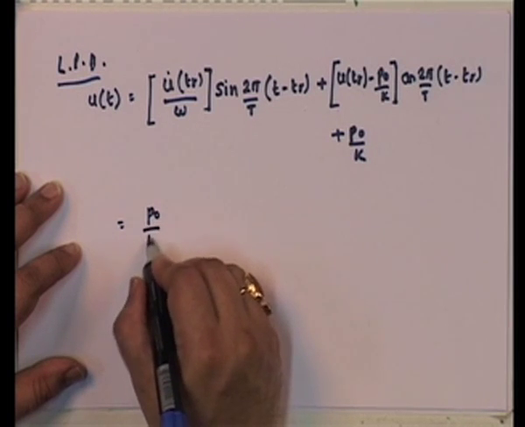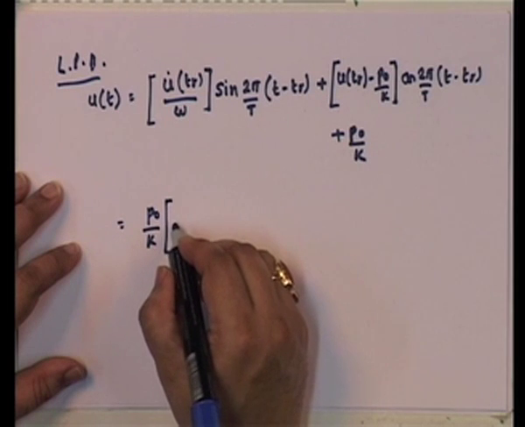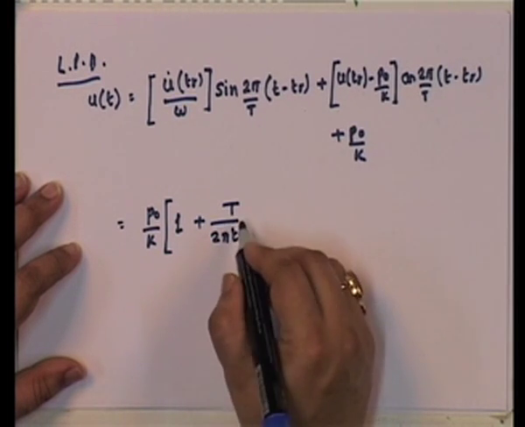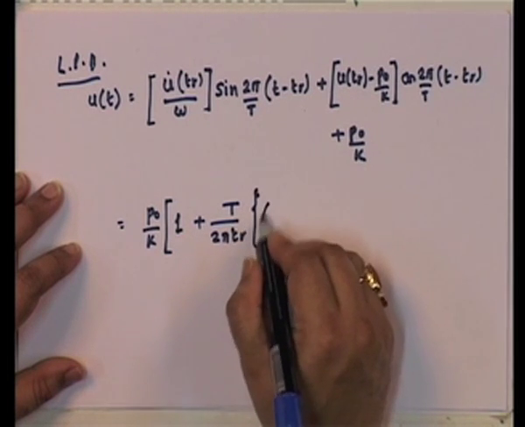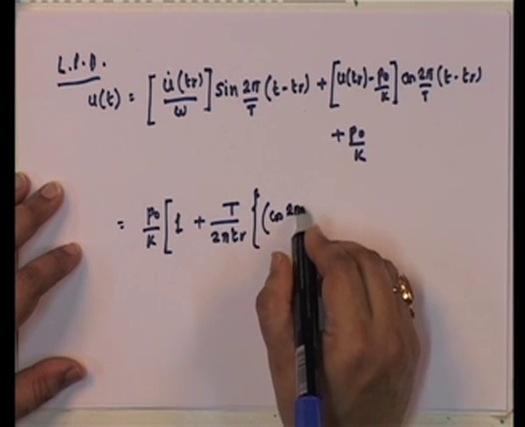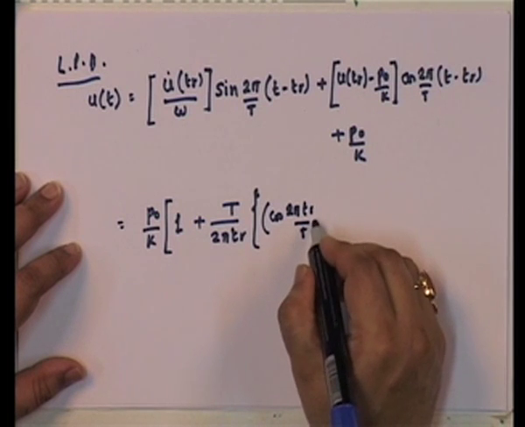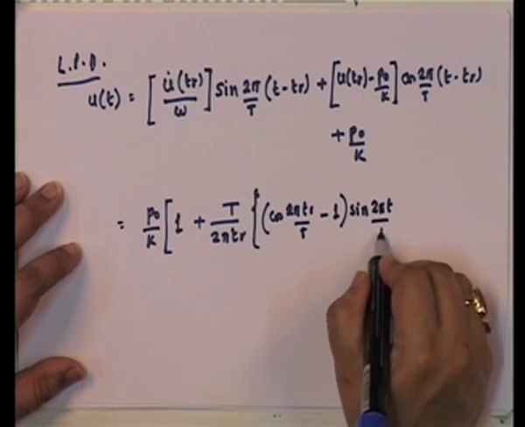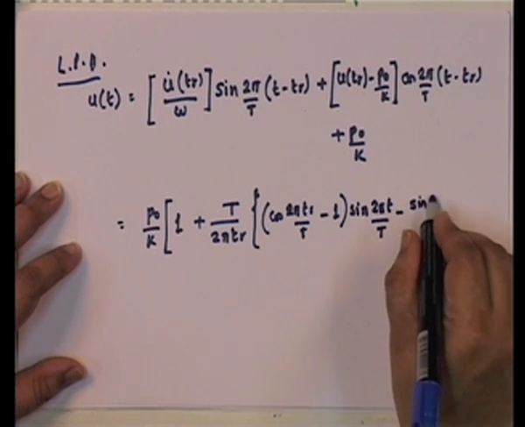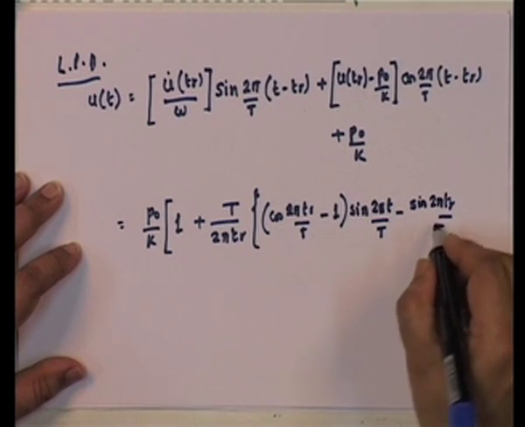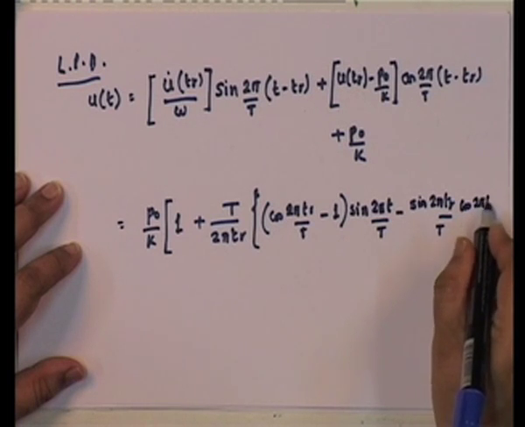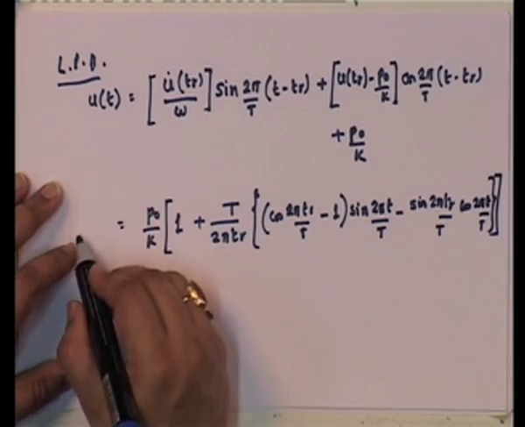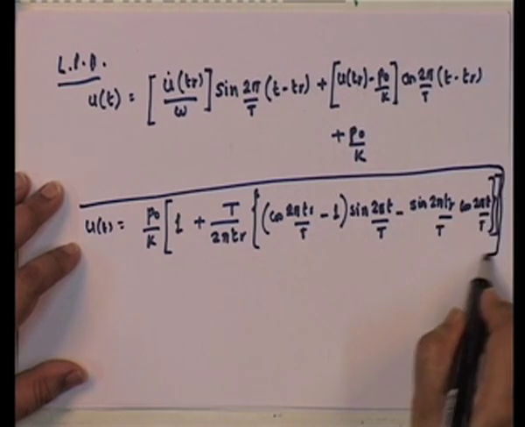I can take p_0 upon k outside, and I have 1 plus T upon 2 pi t_r, cosine 2 pi t_r by T minus 1, sine 2 pi t upon T minus sine 2 pi t_r upon T into cosine of 2 pi t upon T. So, that is your u of t for load phase 2.